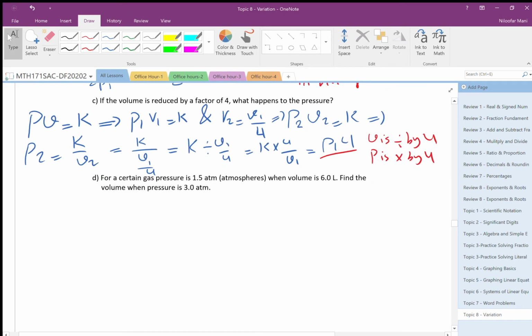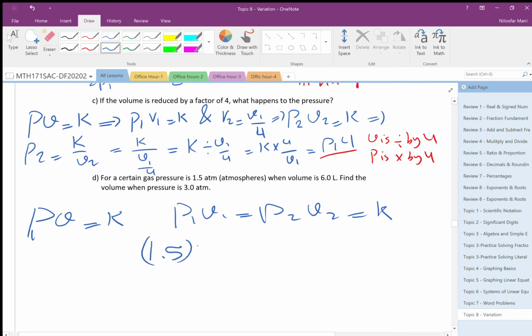For a certain gas, the pressure is 1.5 atmosphere when the volume is 6 liter. Find the volume when the pressure is 3 atmosphere. See, atmosphere and liter, so I don't need to do any unit conversion. PV is K, so P1 V1 is P2 V2, and both of them are K. What is P1? 1.5, and V1 is 6. Then 3, and I'm looking for the volume.